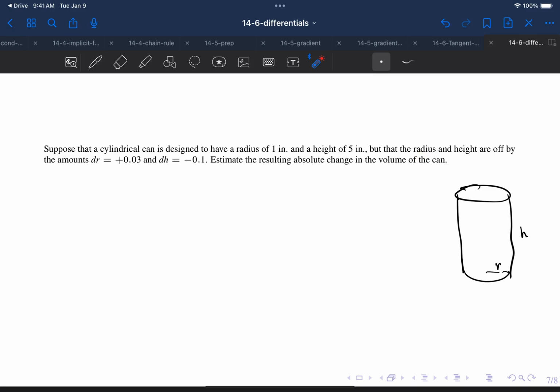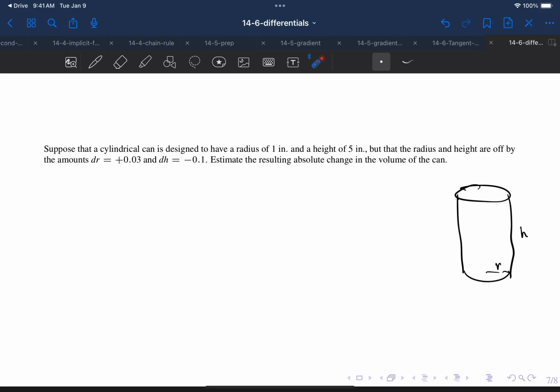But the radius and height are off by these amounts. The can is designed like this, but actual manufacturing has some errors, and this is 0.03 error and negative 0.1 error in R and H.